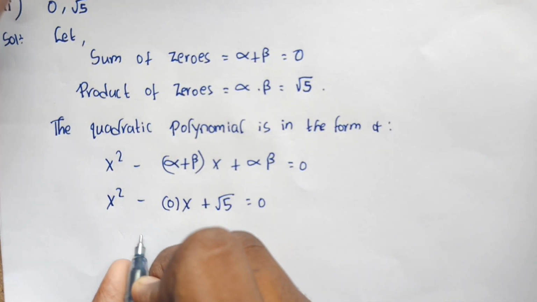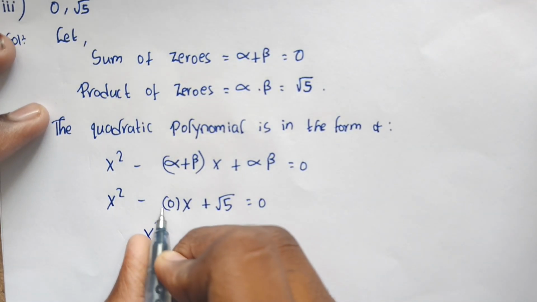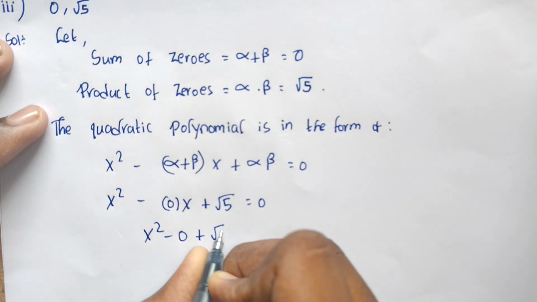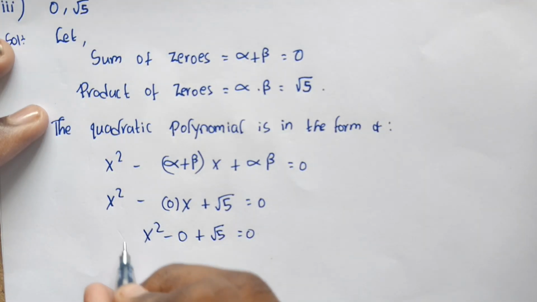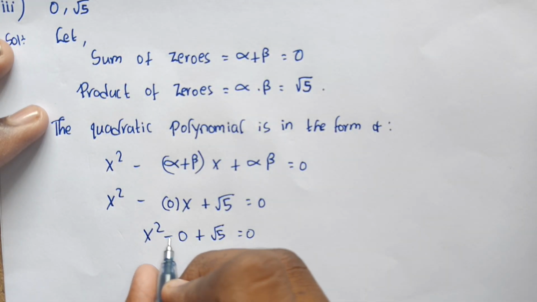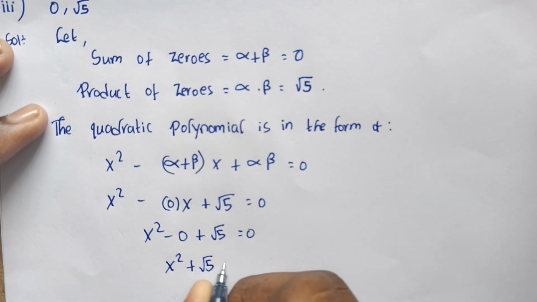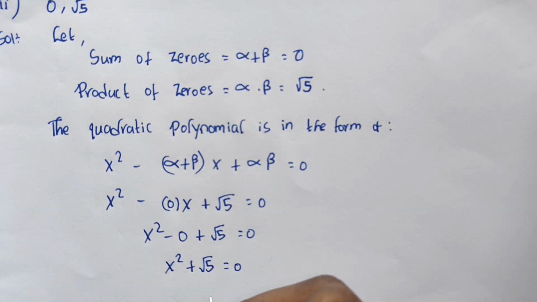So we got x square minus 0 plus 5 equals to 0. So we can write this as, 0 means nothing, x square plus square root of 5 equals to 0.